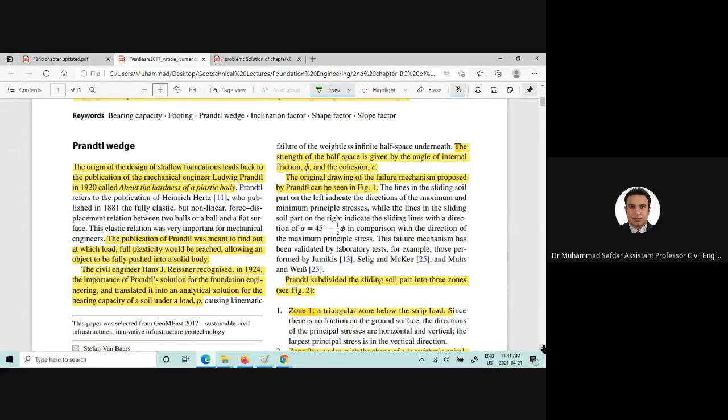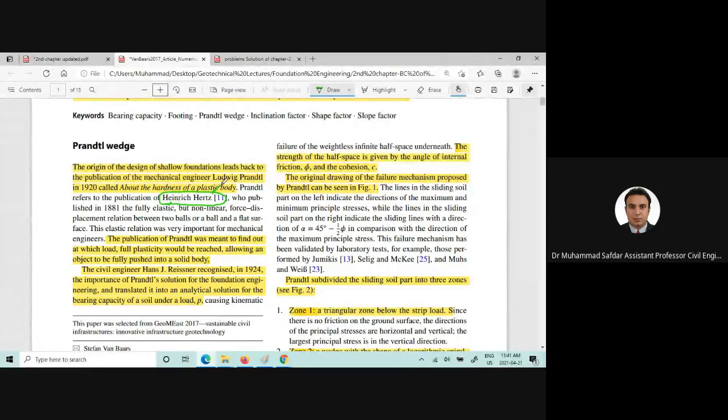Now we see here the bearing capacity history started with the work of Prandtl. In fact, it goes back to Heinrich Hertz, because Prandtl got motivated from studying his work.